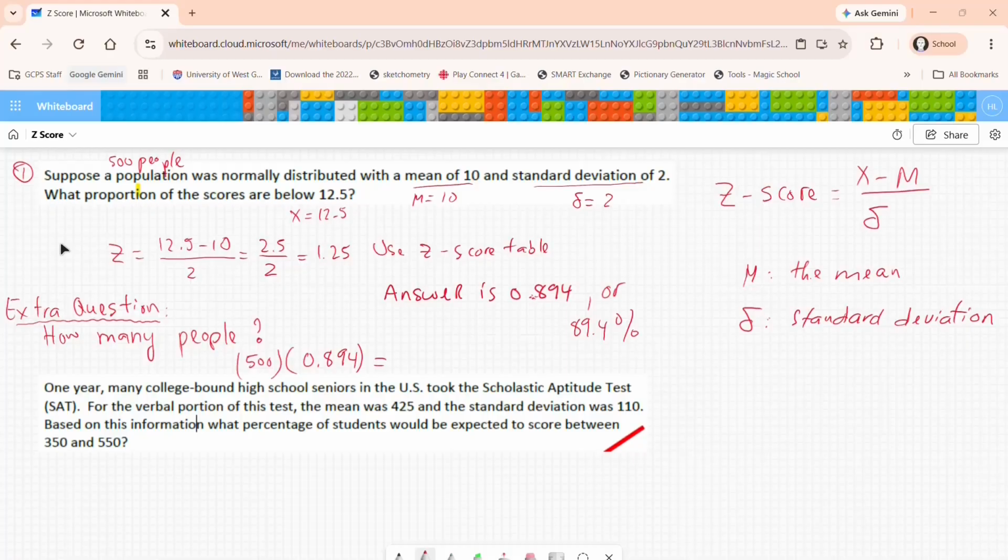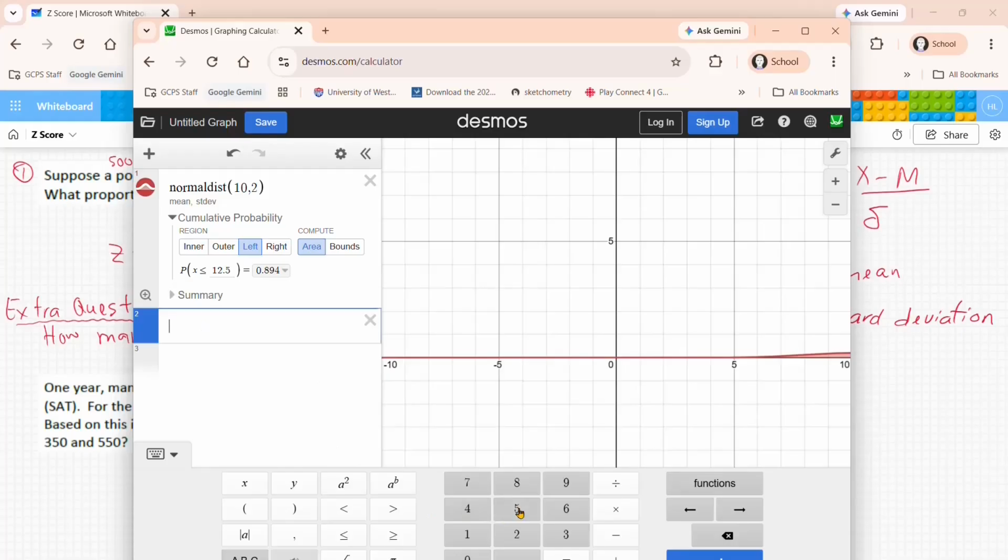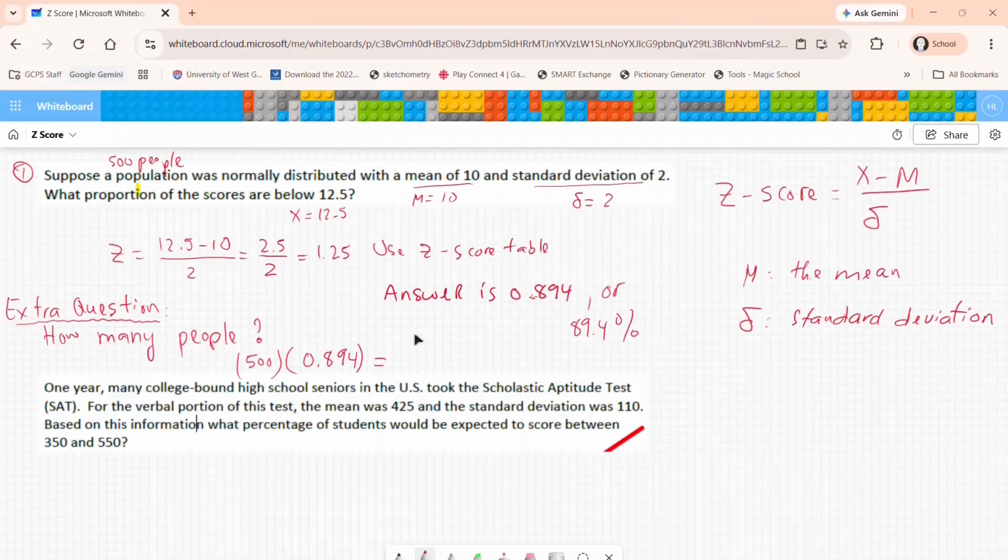Then it's going to tell you how many people are in that subset, that particular group. So all you have to do is multiply 500 with 0.894. That will give you 447. So out of a population of 500 people, there are 447 people that have a score below 12.5.